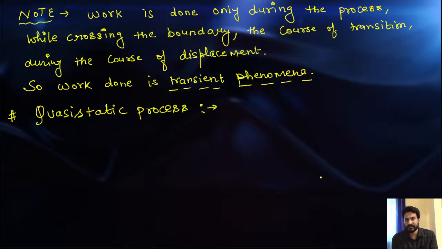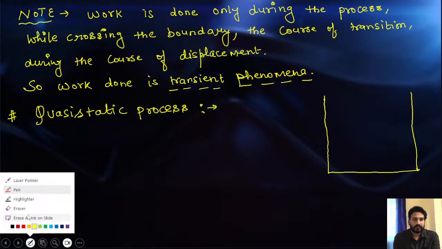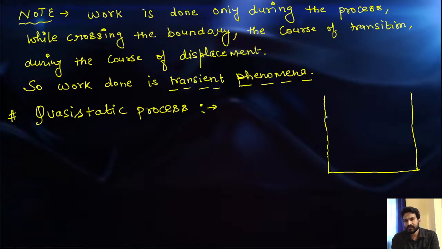Sir, what is the meaning? See, as you know, a single example is enough to understand the whole of thermodynamics, that is the cylinder piston assembly. This is a very good example. So this is my cylinder, this is my piston, and the process is that we want to compress the gas.